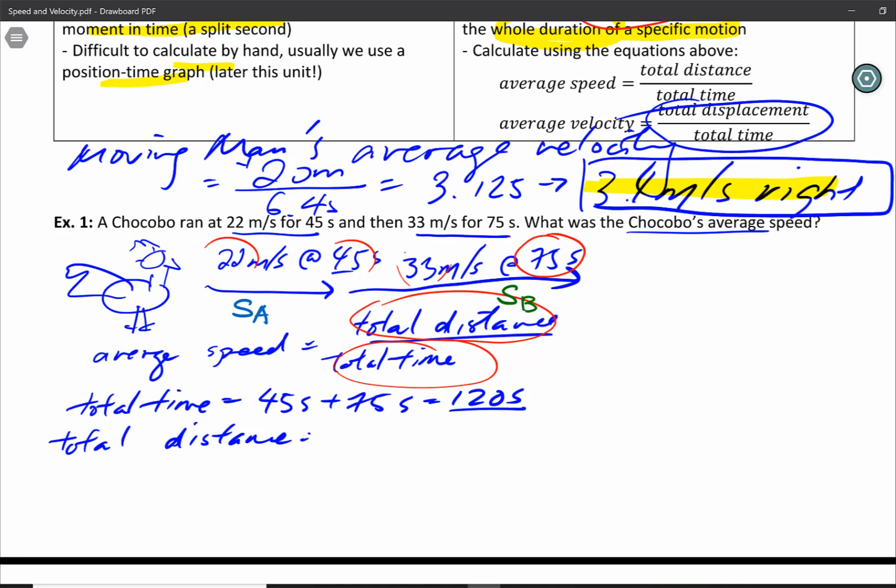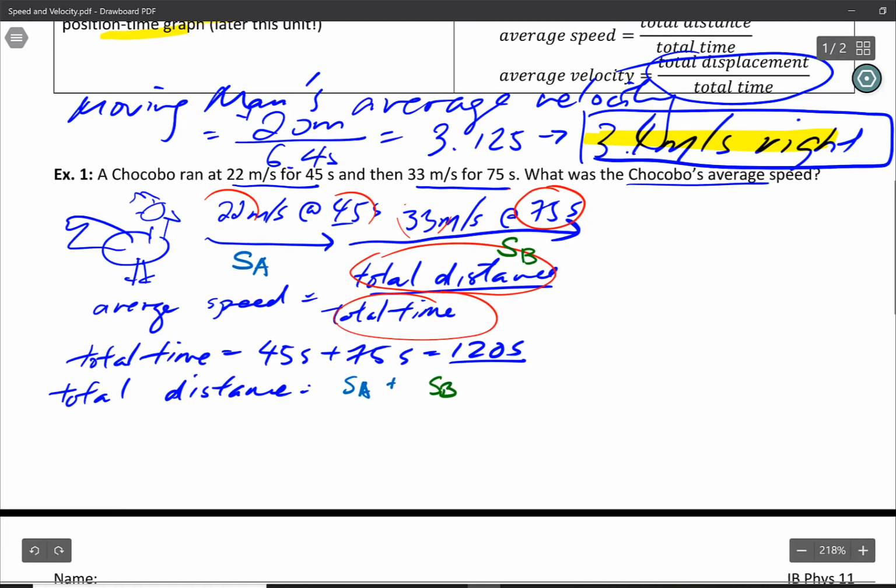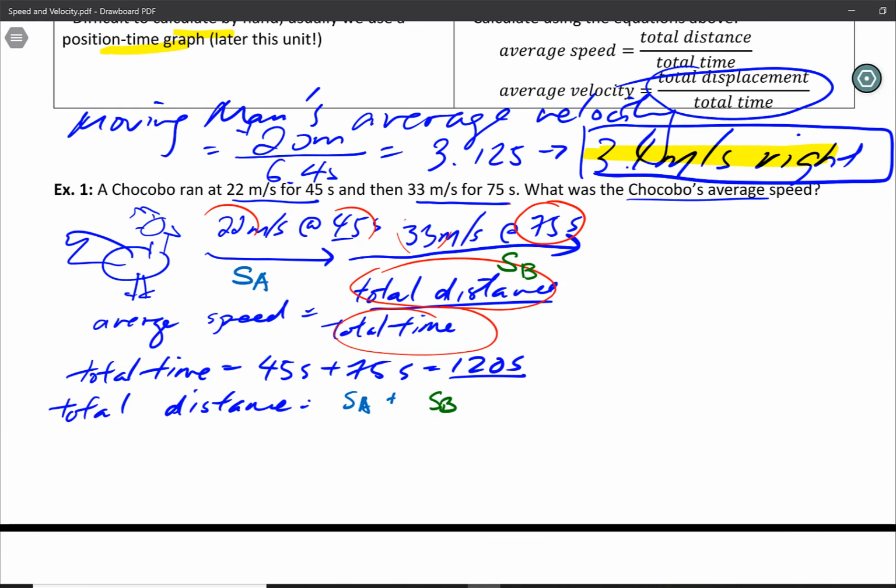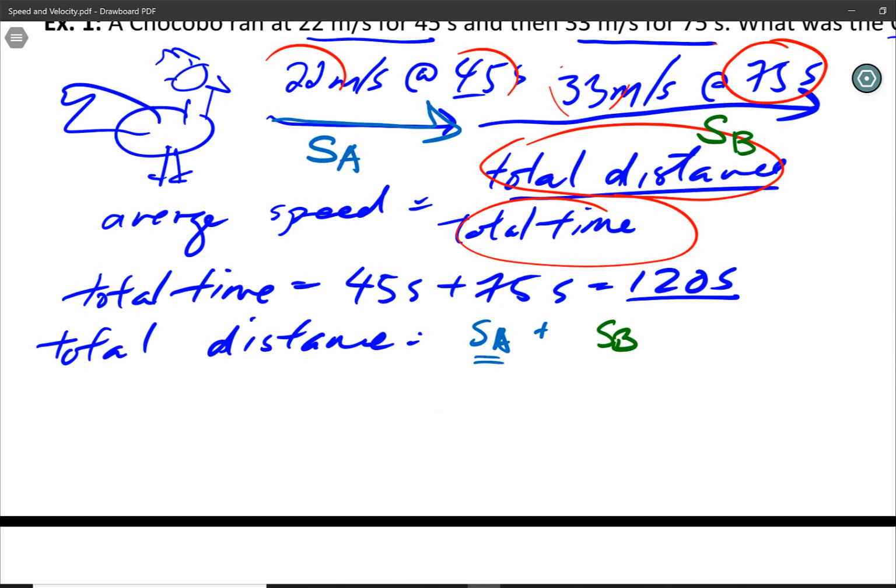So we know that if we add these two together, we will get the total distance, okay? So let's start with SA. Using the equation above, with the average speed being v and a, to label that for part A, this is equal to our distance traveled in that segment divided by the time in that segment, which is 45 seconds.